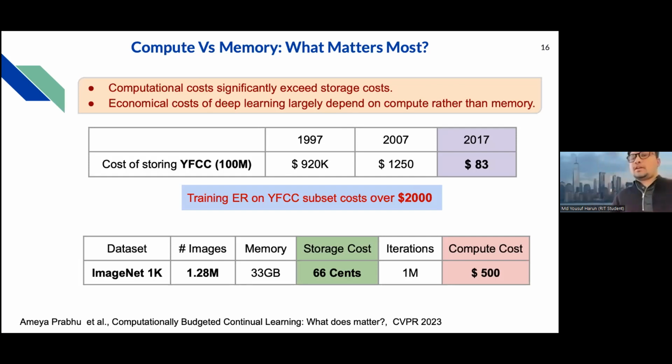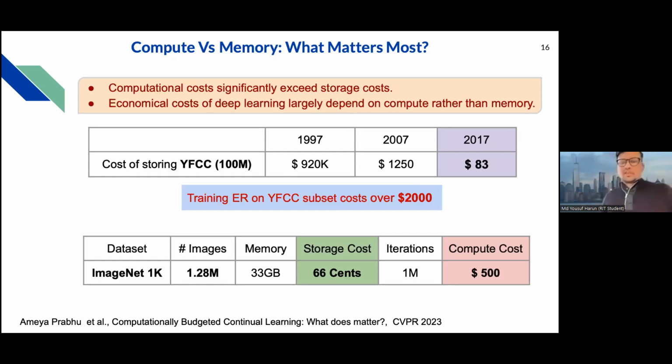As of 2017, storing this 100 million image data set cost only $83. But if we train just a very simple continual learning method on a subset of this data set, it costs over $2,000. So computational cost is hugely exceeding storage cost.